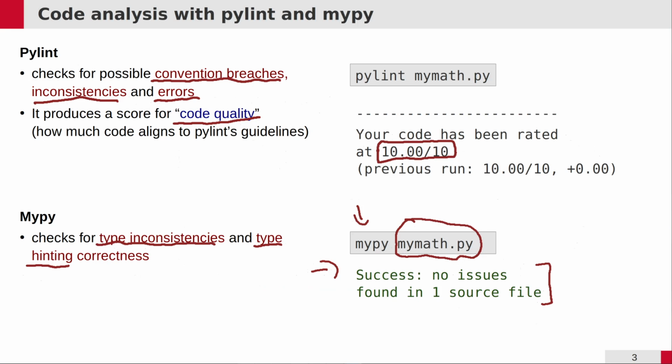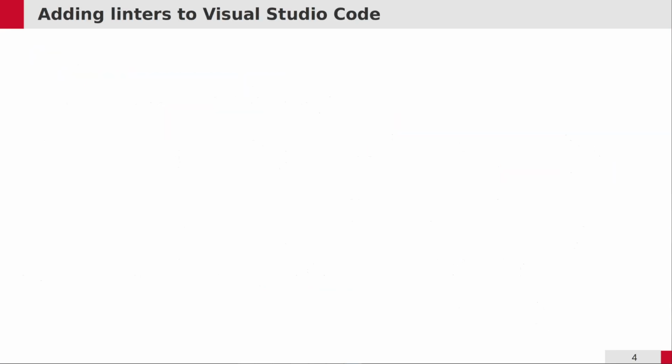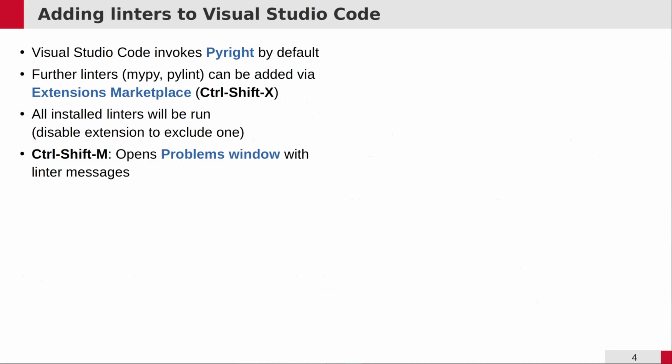You can integrate these language analyzers, so-called linters, among others, into Visual Studio Code. Visual Studio Code uses Pyright by default, so there's already a built-in linter, but it is very easy to add additional ones.